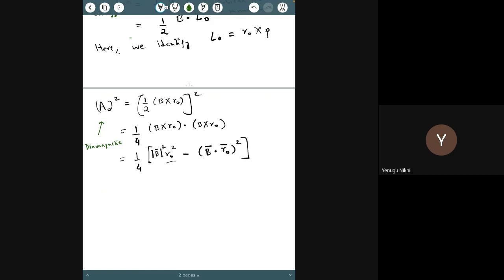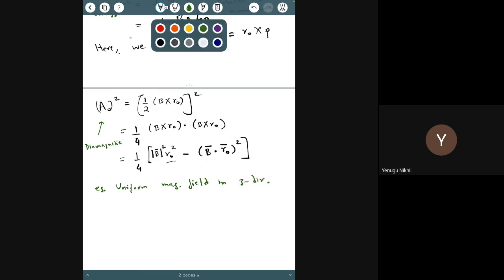Then let me do an example of a magnetic field. Let's say I have a uniform magnetic field in the z direction. Then what does my Hamiltonian look like?